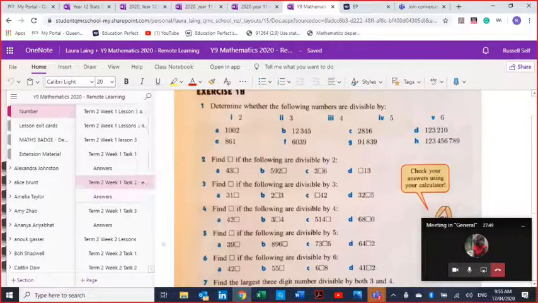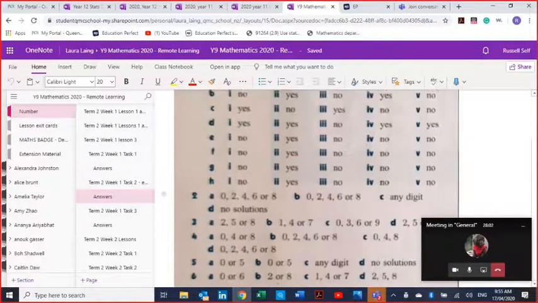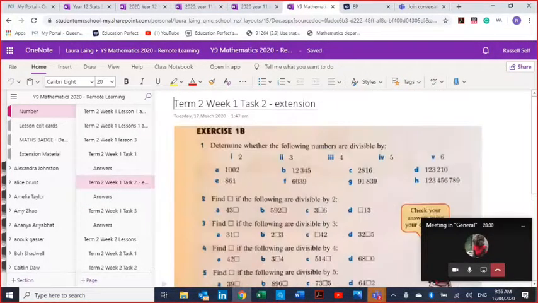Like you had to put a digit in to make it divisible. Like you could do 2, 4, 6, or 8 or something like that. Okay, so what number could you put in there to make it divisible? Okay, I get it. So you could put in a 0, a 2, any even number, right, would make that divisible by 2.